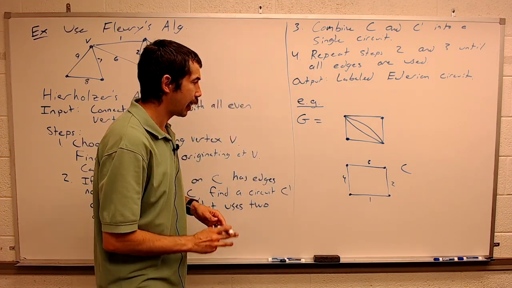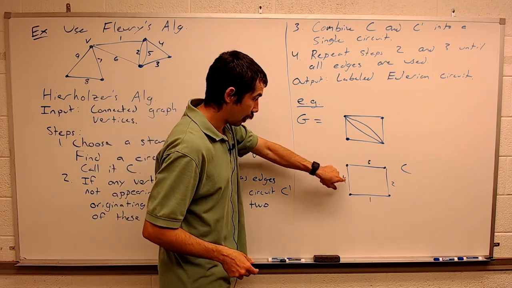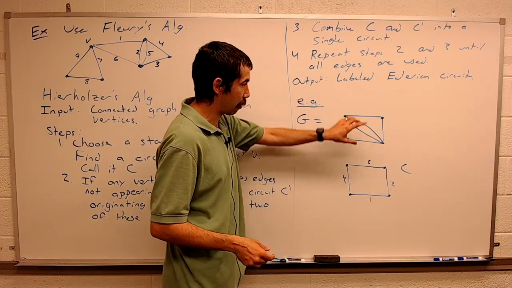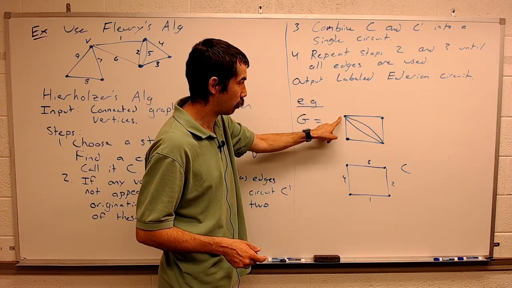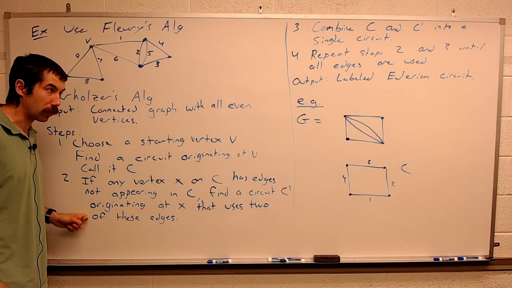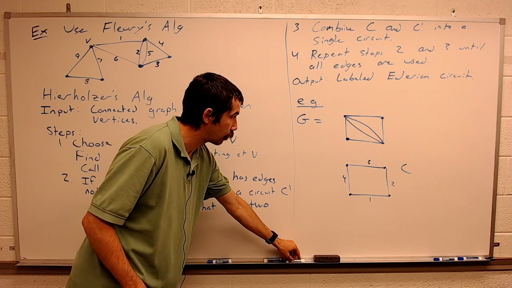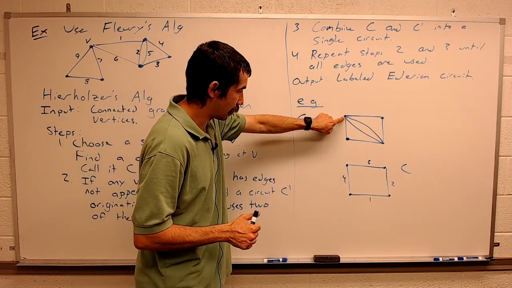All right, and then we check, are there any vertices on the circuit that have edges out of them that were not in C? And yeah, this vertex and this vertex both do. So that would play the role of x in step 2 here. Let's say this is x.